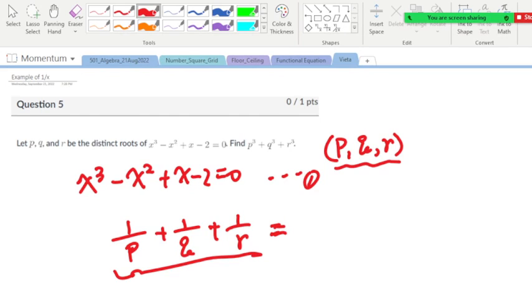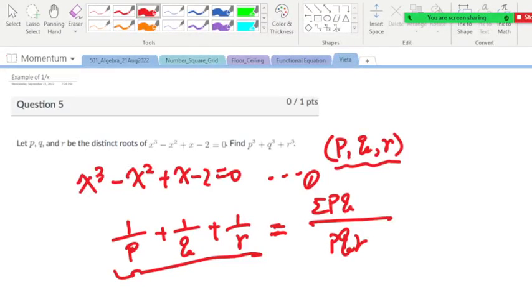Write it as a single fraction. How to do that? Can you show me? pq plus pr plus qr over pqr. Okay, so you guys can write pqr and I can write sigma pq, right?